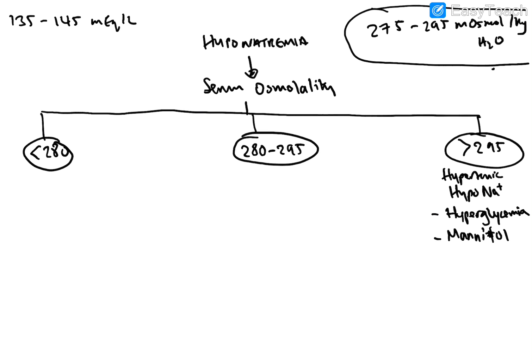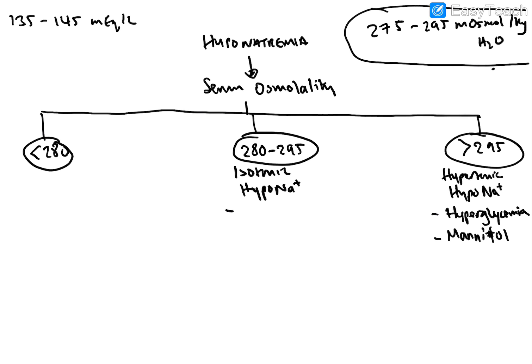Now, if the serum osmolality is between 280 and 295, this would be termed isotonic hyponatremia. Now, there are two causes of isotonic hyponatremia.